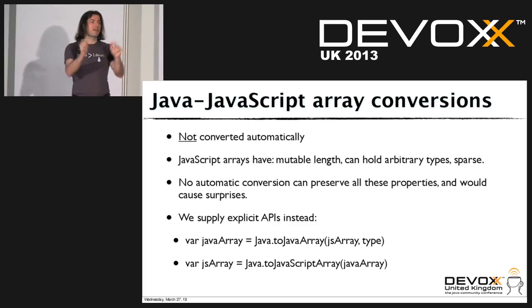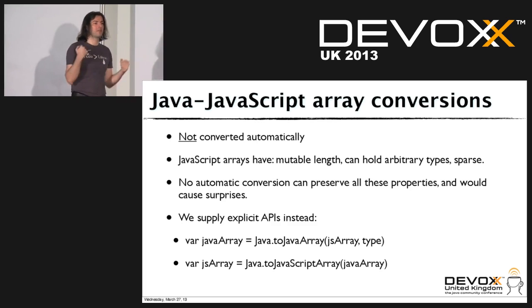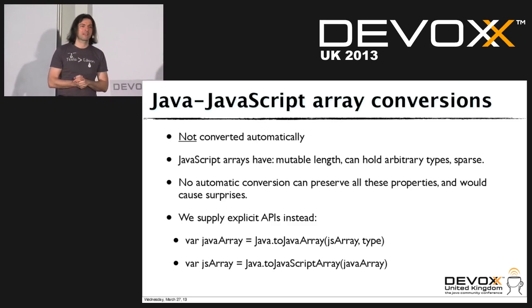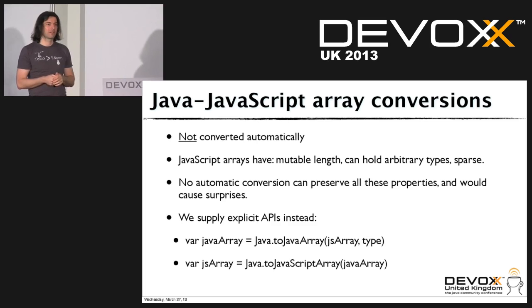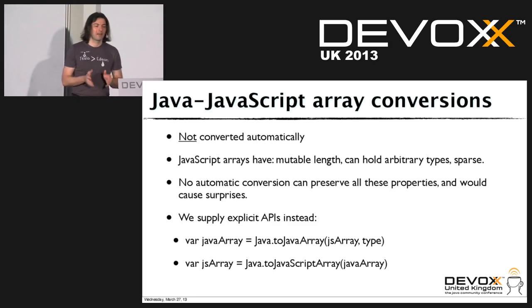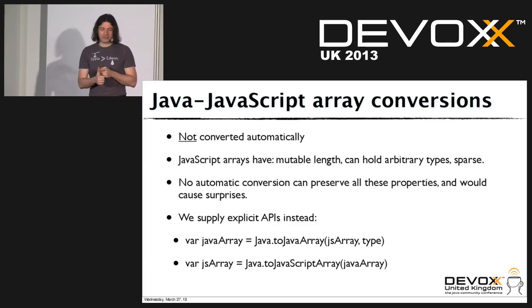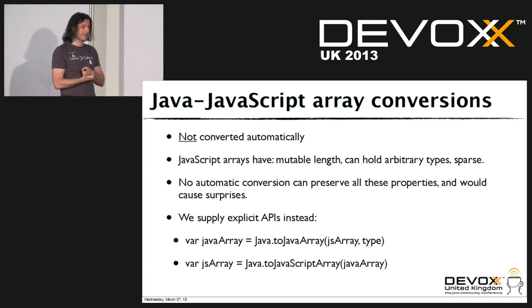So what if you define a JavaScript array and you have a Java API that takes a Java array? Will we just convert it automatically? Yes, well, no. No, we won't. It would be a terrible idea. Why? JavaScript arrays can change their length, can grow just as lists can. They can hold arbitrary types, so typing would be quite interesting.